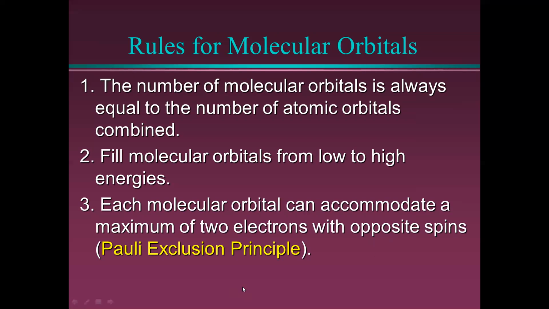Lower energy is preferred. Each molecular orbital can accommodate a maximum of 2 electrons with opposite spin. So the Pauli exclusion principle also applies here. When we did the Aufbau principle in chapter 7, when filling electrons into the atomic orbitals, we used this principle.